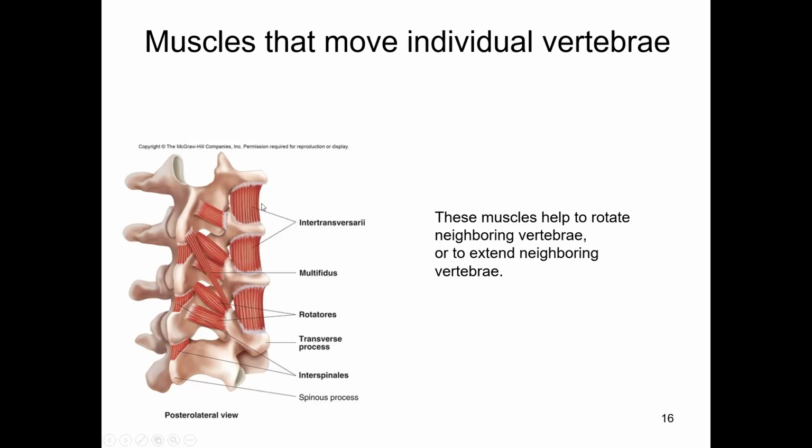When you look at the transverse processes, there are skeletal muscles connecting each transverse process. We do have muscle connecting the transverse process of lumbar 1 to the spinous process of thoracic 12. So vertebrae can be moved around each other.